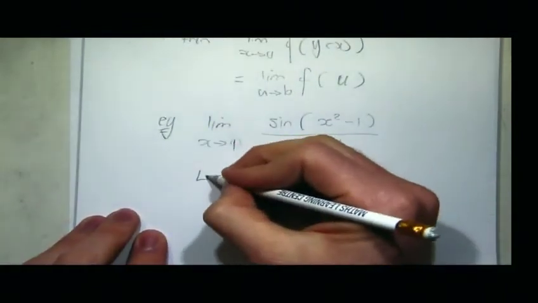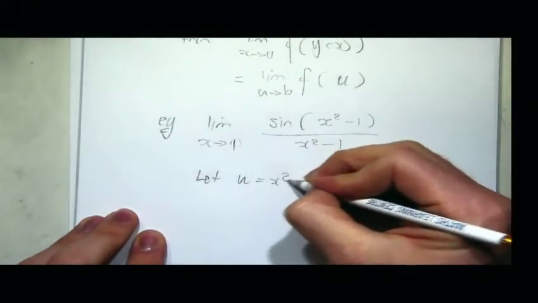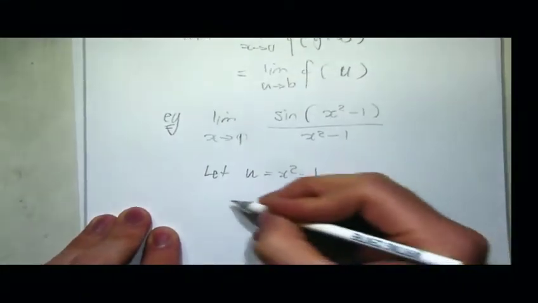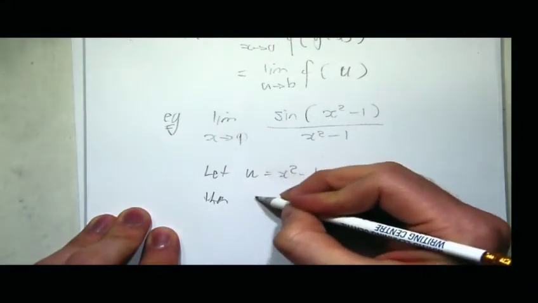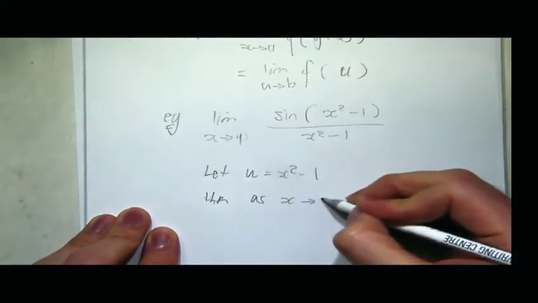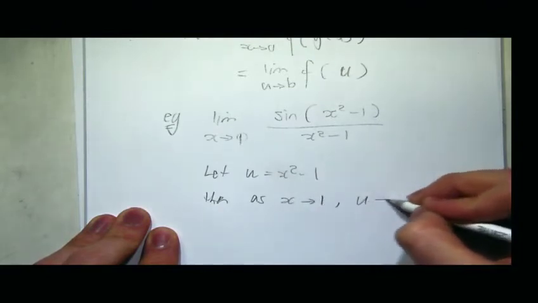I would say, let u be equal to x squared minus 1. Then as x goes to 1, u will have to go to 0, because you know 1 squared minus 1 is 0.